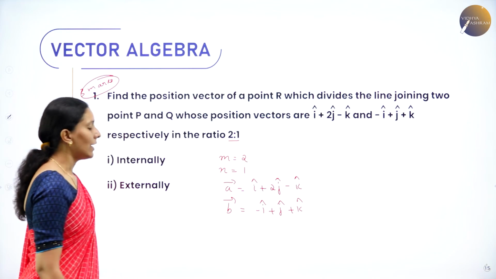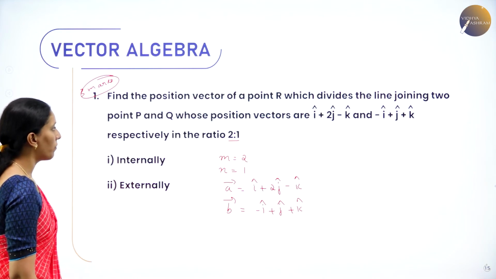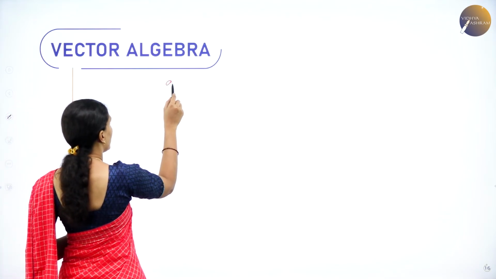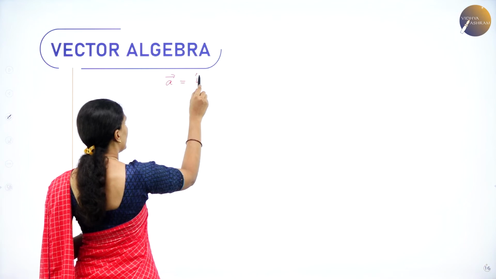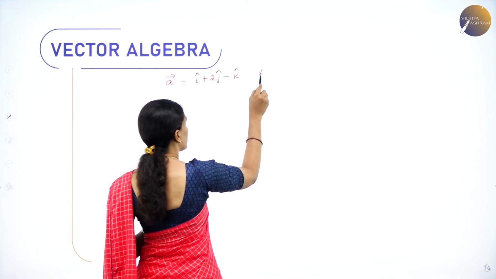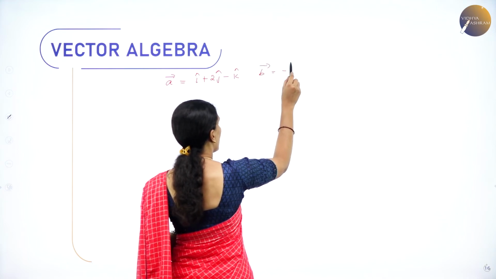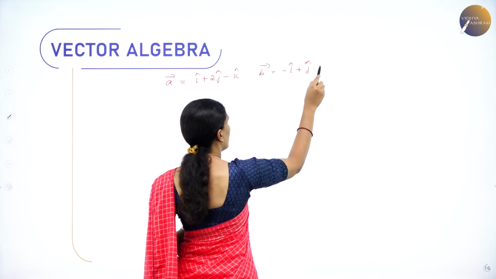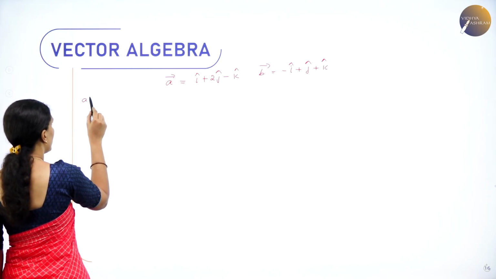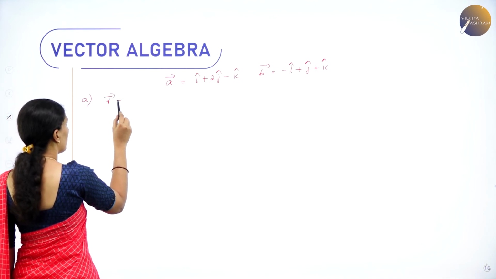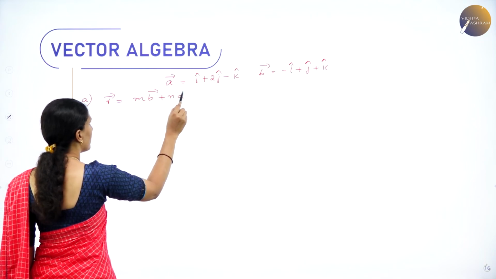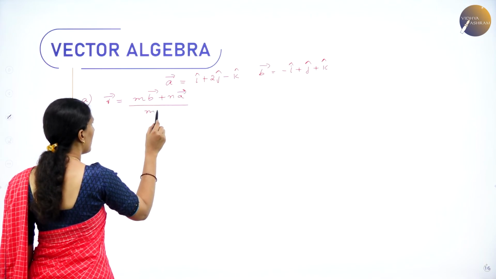So first, let us find the position vector of point R internally. Vector a is i plus 2j minus k, and vector b is minus i plus j plus k. Now let's take the internal condition. Vector R is equal to (mb plus na) divided by (m plus n).